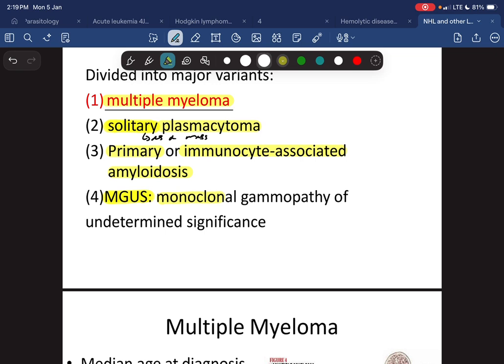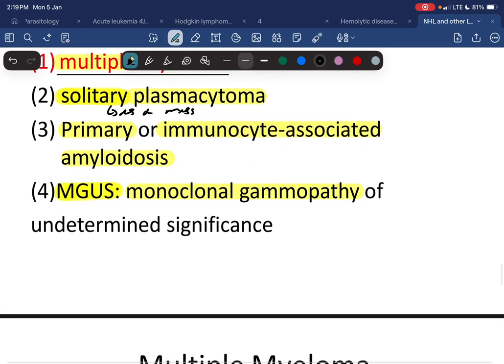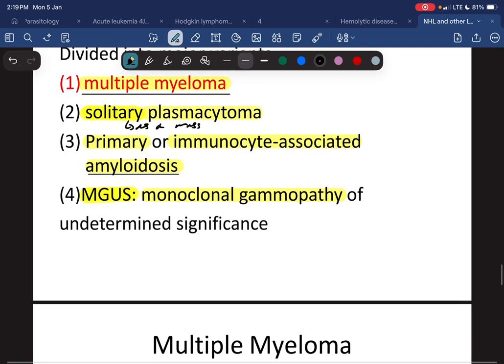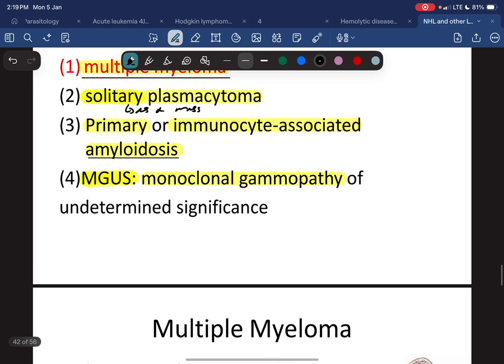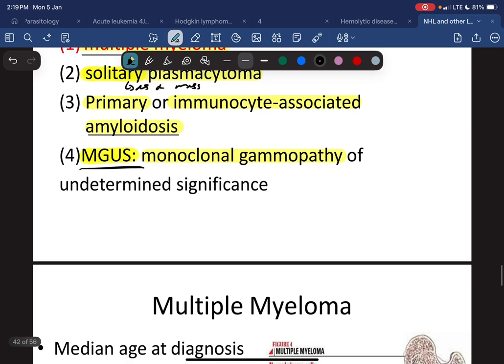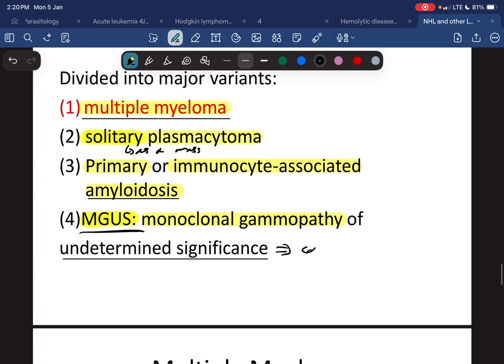What is amyloid? A protein, fibrils deposited in an abnormal configuration. Okay? And the fourth clinical variant is monoclonal gammopathy of undetermined significance, which may transform to multiple myeloma over time. But we will only talk about multiple myeloma.